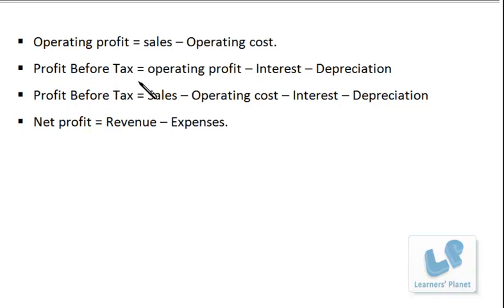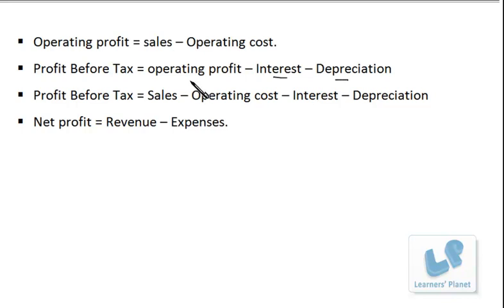Now what is profit before tax? That is operating profit minus interest minus depreciation. Now what is interest and what is depreciation? We have already discussed that in our simple and compound interest sessions. We'll just go for a quick recap over here. Suppose to manufacture a particular commodity, here shirts, the company is incurring certain expenditures.